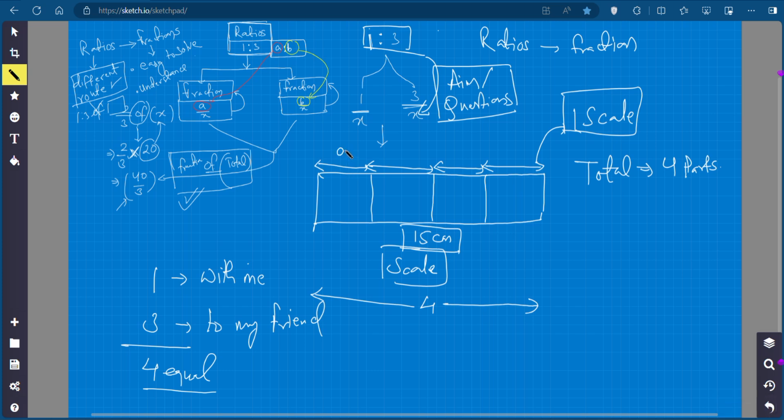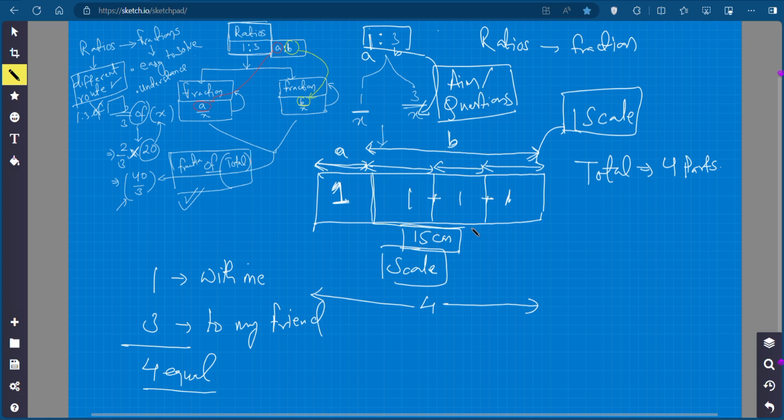This is my A. This is the part that this student will keep for himself, right? And from this point to the end, this is the B part, correct? We called the first part A and the other part B. So 3 is B. This whole 3 parts is B. Okay, 1 plus 1 plus 1.